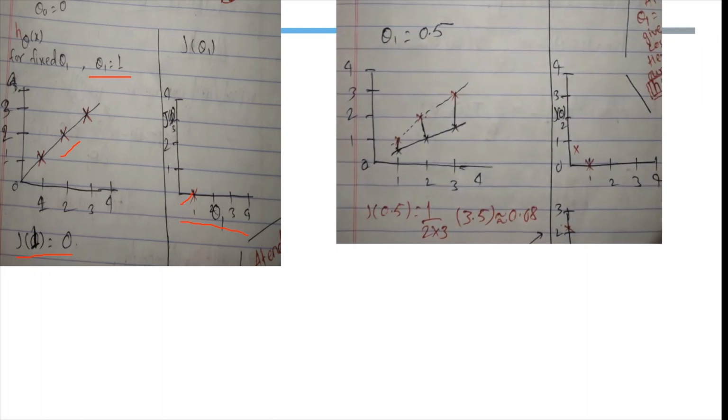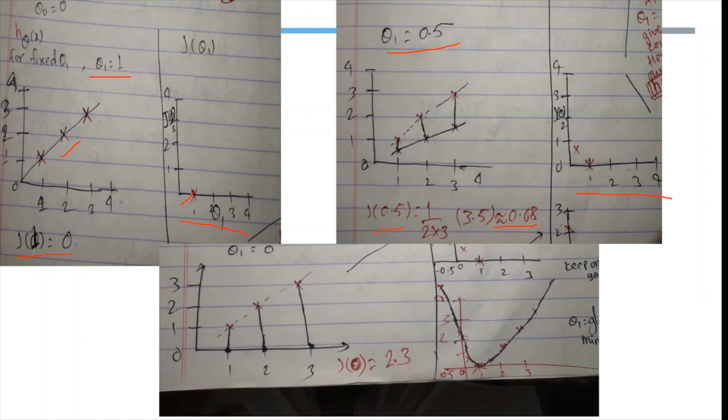Similarly, for this graph, again consider theta naught equals 0 for simplicity and theta 1 equals 0.5. For this theta 1, we calculate the value of the cost function. We get 0.68, and we again plot that point in this graph. Again consider this one: now theta 1 equals 0, and I calculated the value of J of 0 equals 2.3, and again I plotted that point in this graph.